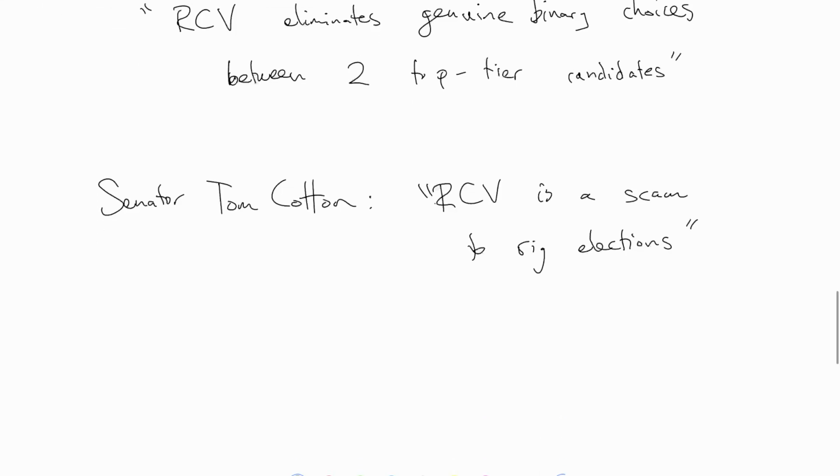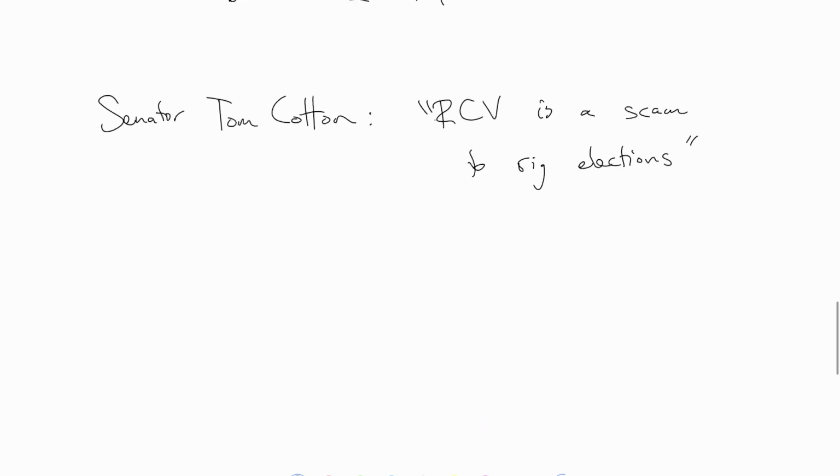But here's something. Tom Cotton actually explained himself a little bit better, and this is something that's worth thinking about. What Tom Cotton said was, in this election, he's talking specifically about this election in Alaska, 60% of the voters voted for a Republican.